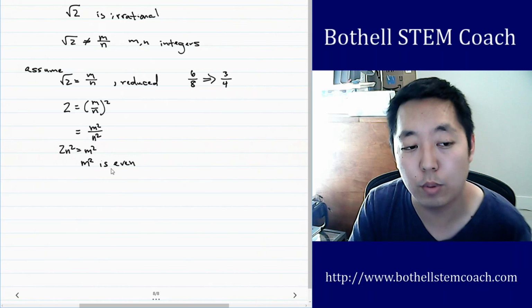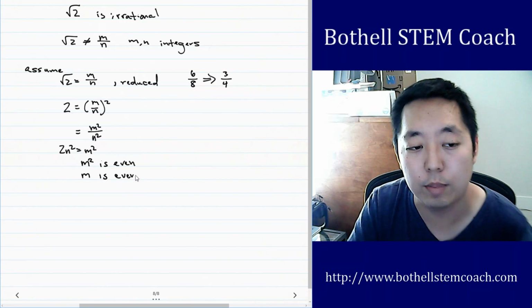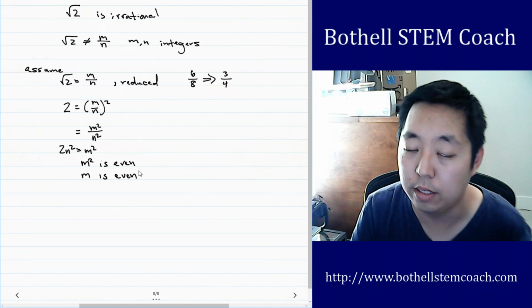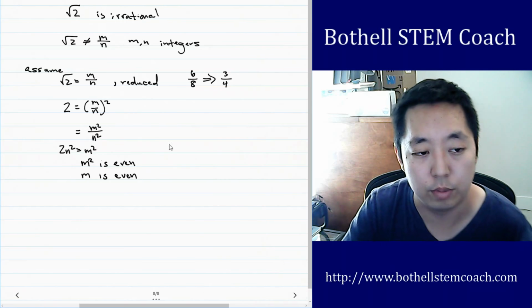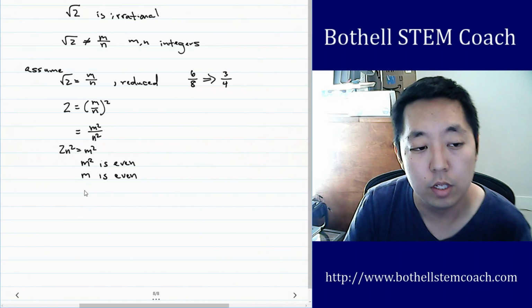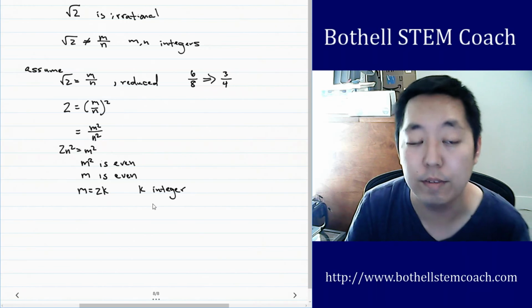So because m squared is even, that implies m has to be even. m can't be odd, right? Because if m were odd, then m squared would be odd, and hence it would contradict everything we know so far. So we know m is even. So that means m can be written as 2 times some other number k, where k is an integer, because that's what it means to be even.